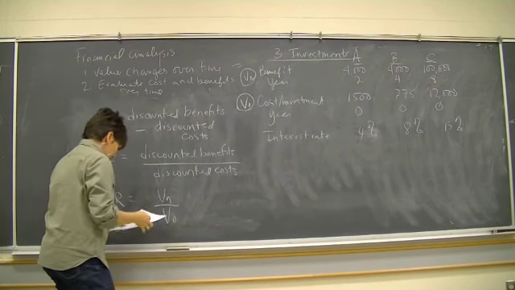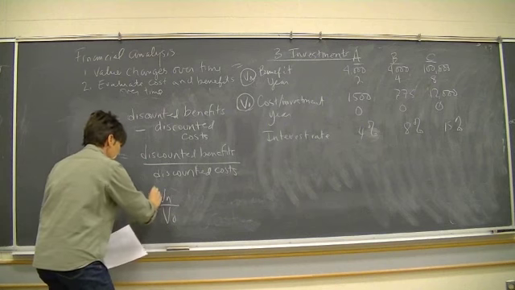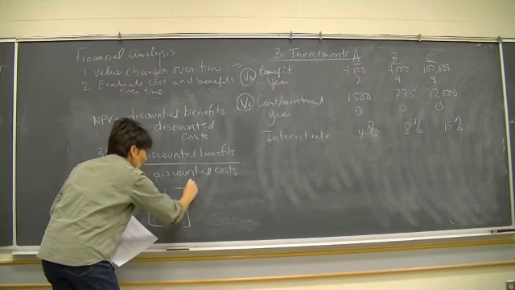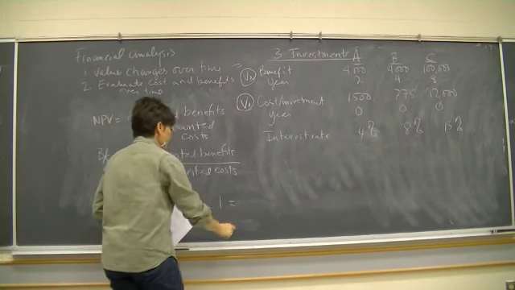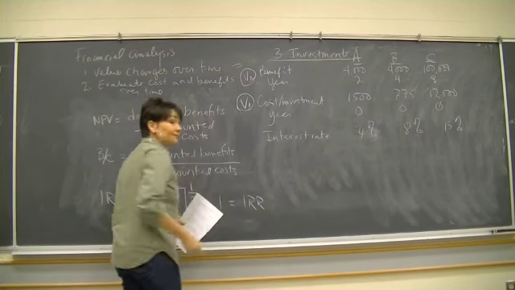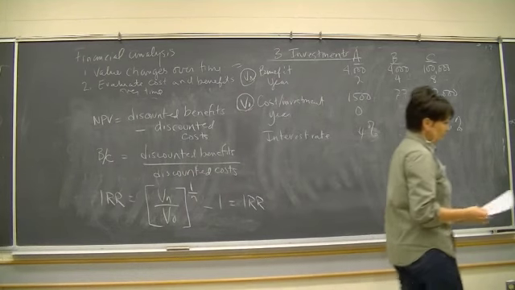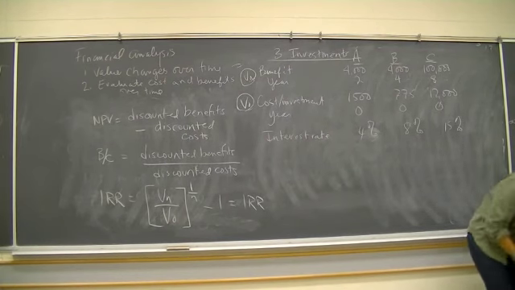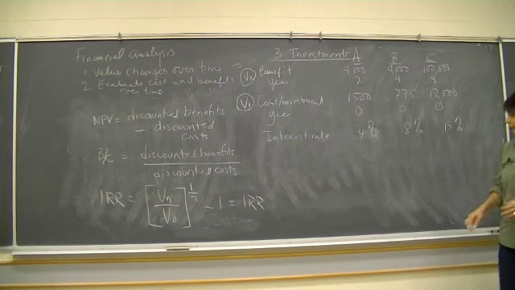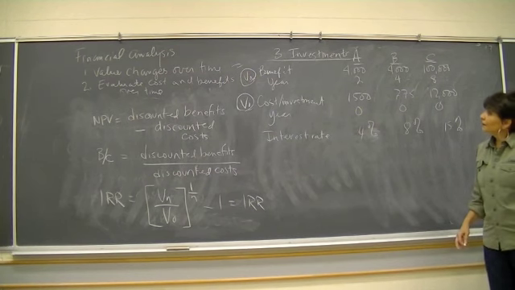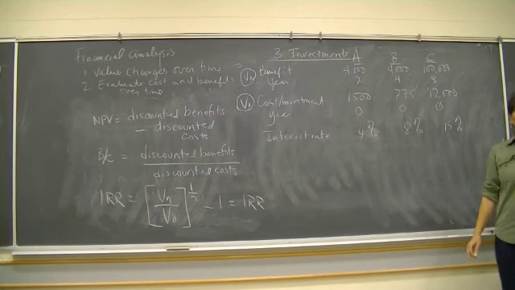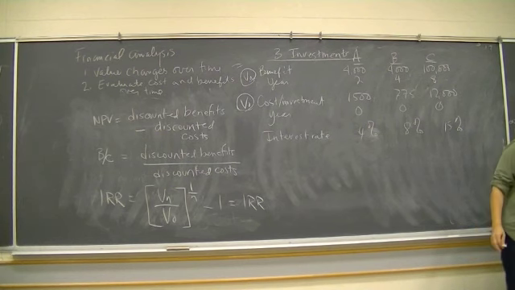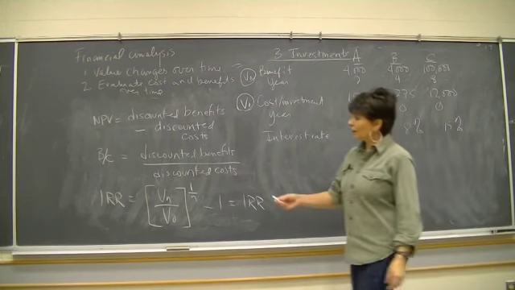Vn divided by V0, to the power 1 over n, minus 1 equals the IRR. It's a ratio, the ratio of benefits to costs.